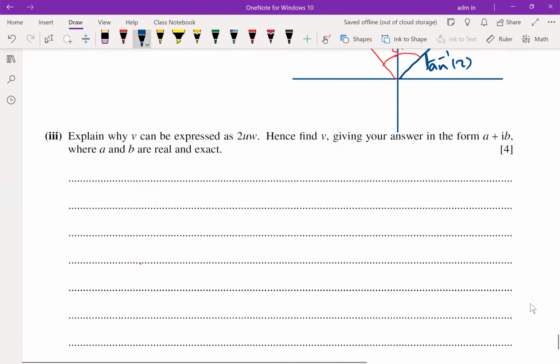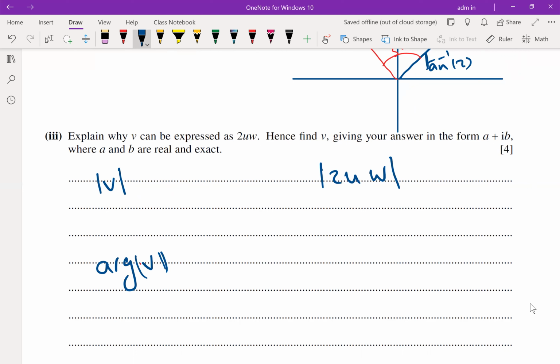Part 3, explain why V can be expressed as 2UW. How to show that V equals 2UW? First, what is the modulus of V and its argument? And what is the modulus of 2UW and its argument, to show whether they are the same or not?